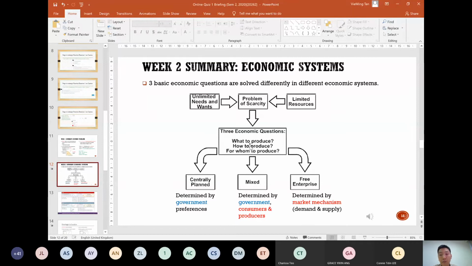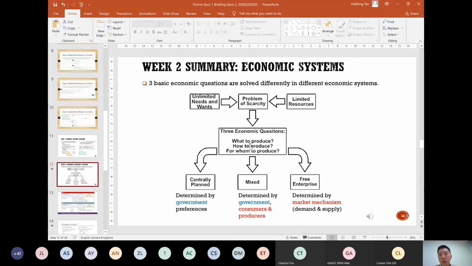Usually they have more people and cheaper labor. So the developing country or third world country can use more human to produce products. But for developed countries such as the US and UK, they can use more capital because they have more technology that can reduce the production cost. So those countries can use more capital to produce products. This can solve the question of how to produce.